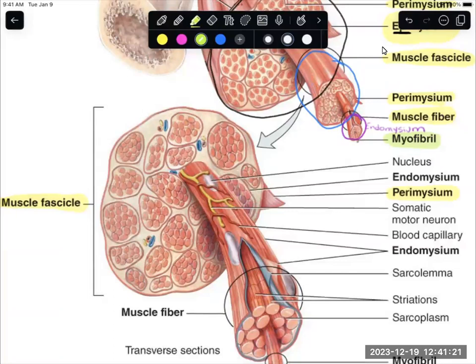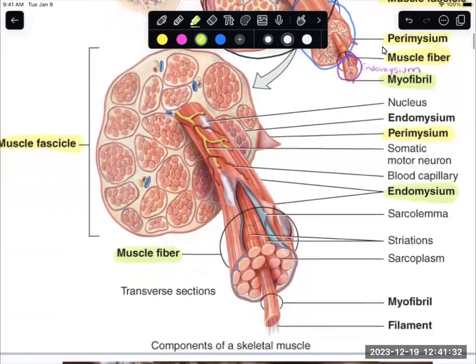Now we have this muscle fiber. This muscle fiber is wrapped in that endomysium. And what makes up a muscle fiber is several myofibrils.